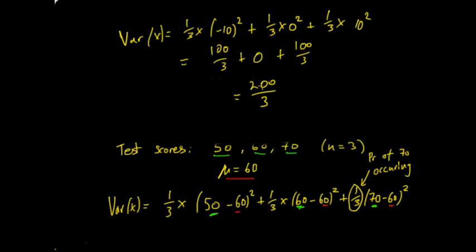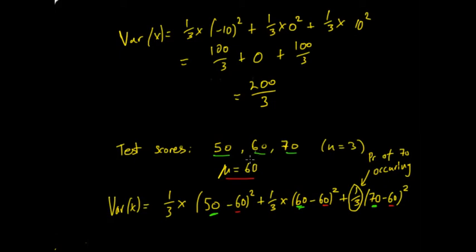Some important features in this: firstly, why is this giving you 0 for 60, but 50 gave you a higher result? Well, variance is a measure of spread, and the mean was 60, so they're exactly the same.